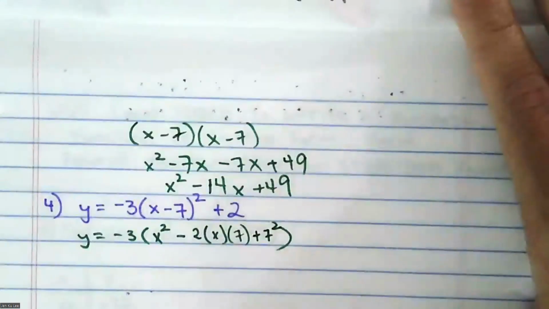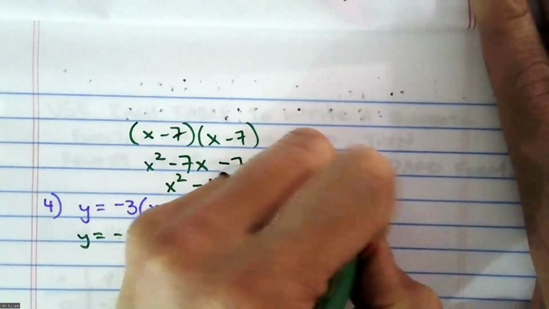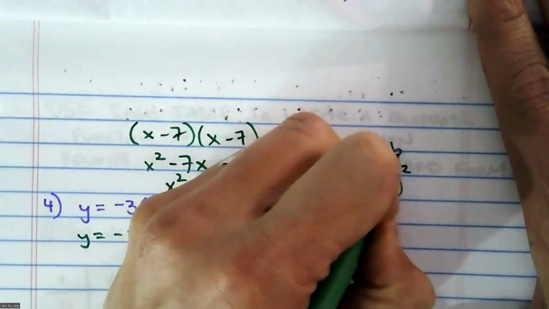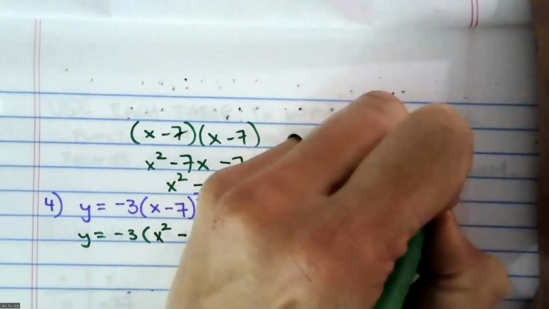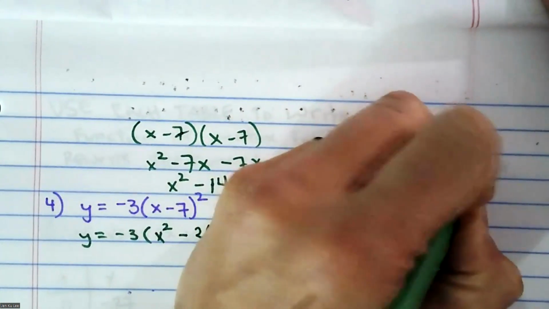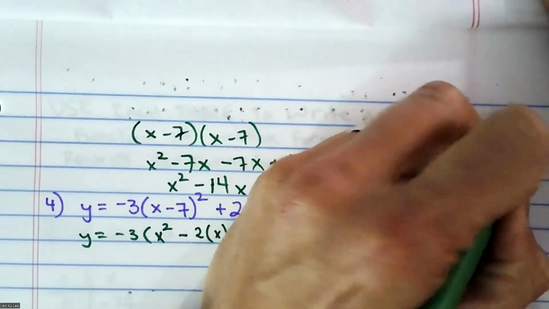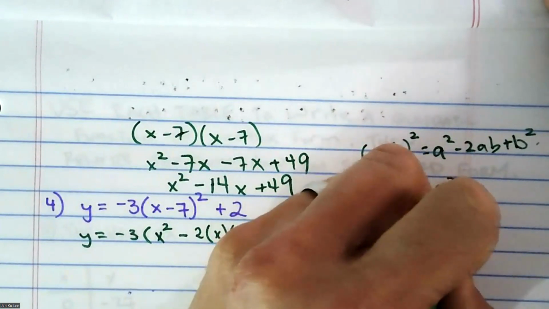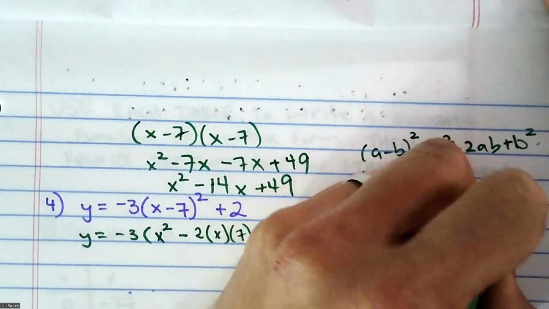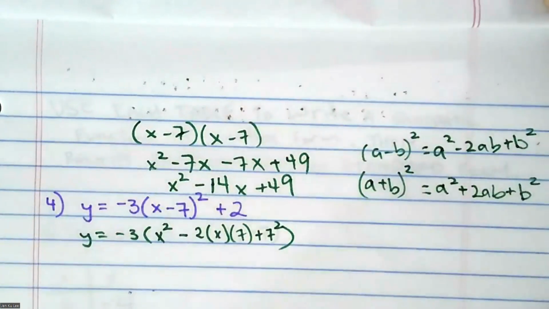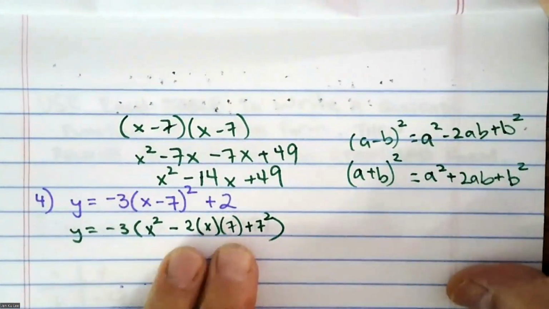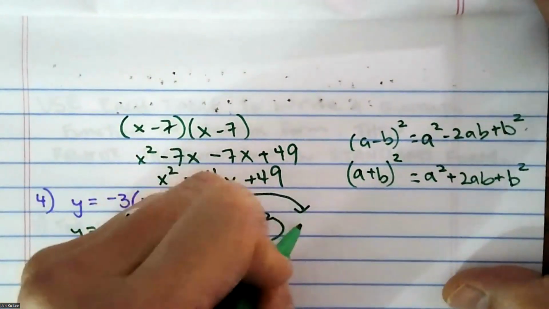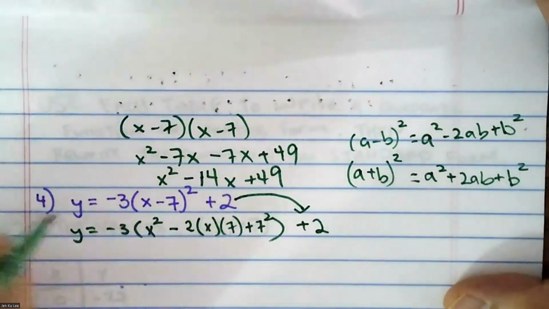The special form that I used is (a plus b) quantity squared, or (a minus b) quantity squared, equals a squared minus 2ab plus b squared. This one is going to be broken down into a squared plus 2ab plus b squared. So that broken down, and then the plus 2 would just follow me down here.